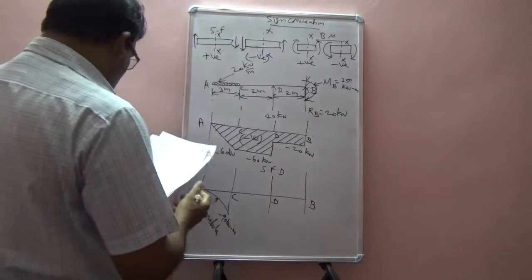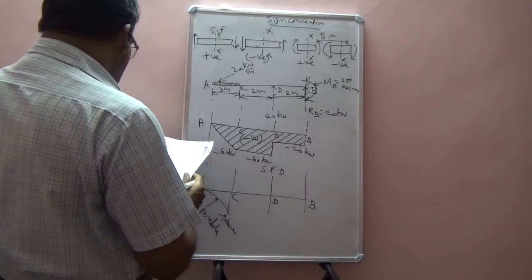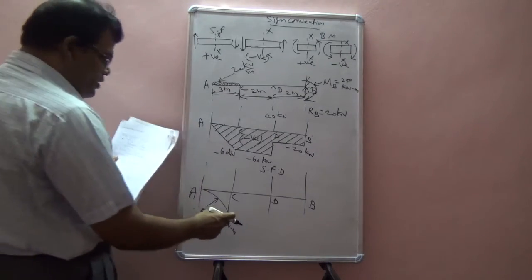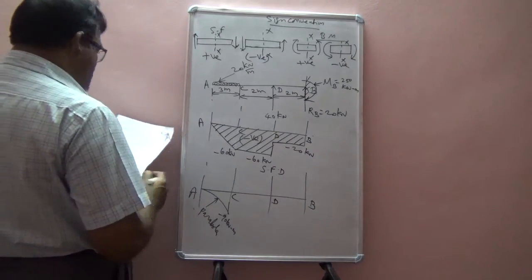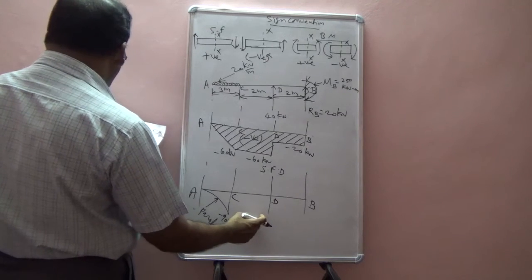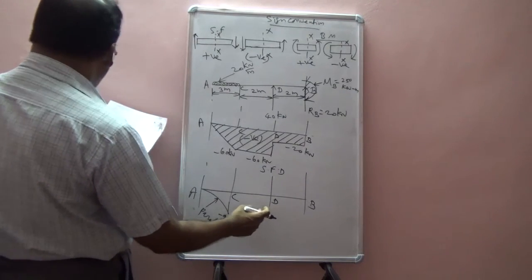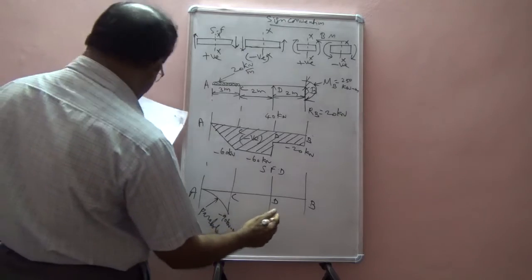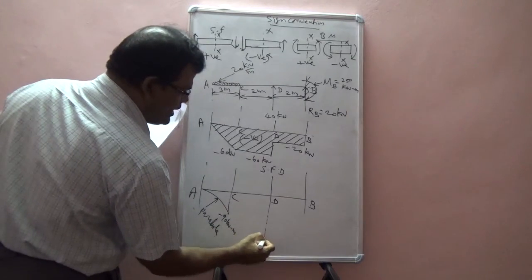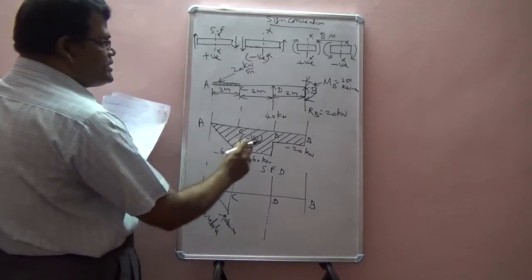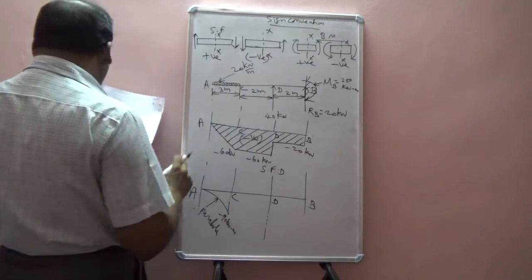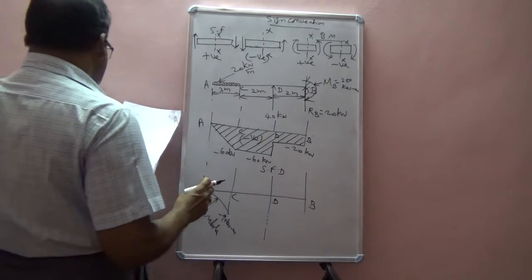Next, what is the right side of C? The right side of C is minus 90 kilonewton meter. And the left side of D is minus 210, so bending moment is minus 210. So it is going to be like this. But what is the equation between these two?